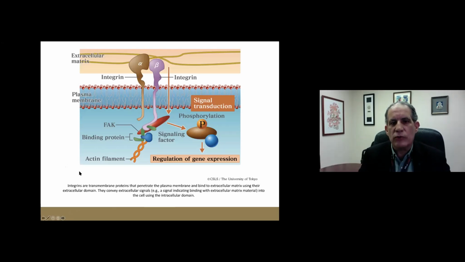So maybe this will show it better than the previous slide. There is the mechanical stimulus, the extracellular matrix putting pressure on the integrins that cross the membrane. The integrins actually activate a signaling pathway inside the cell, and that pathway will regulate gene expression.